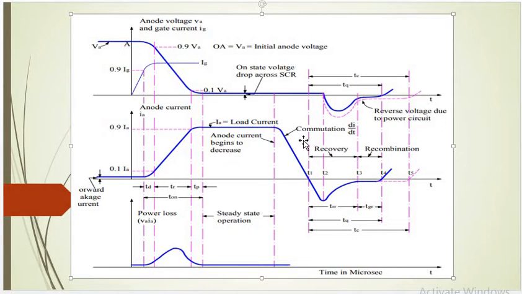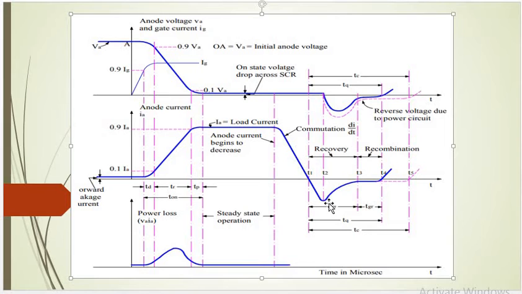Generally, an SCR cannot be turned off by removing the gate signal. So we need a circuit to reduce the current below the holding current to turn off your SCR. The turning off of the SCR we can call commutation.